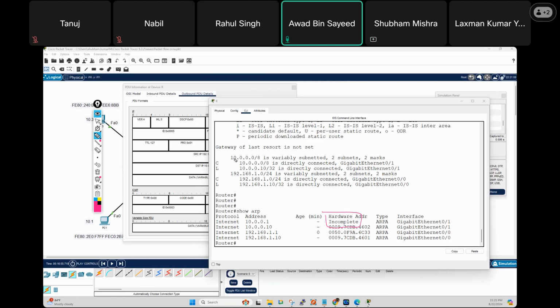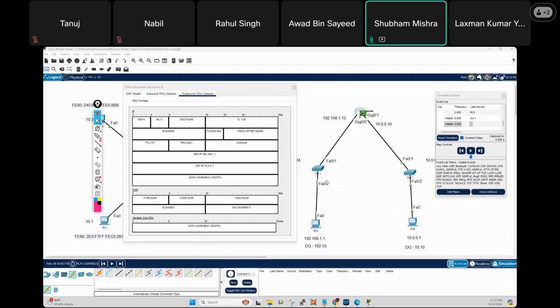This router received 10.0.0.1 as a destination IP address, so that is the reason this IP address is visible in your ARP table. But still this router does not have the MAC address of 10.0.0.1, so that is the reason you are seeing incomplete here. Clear?